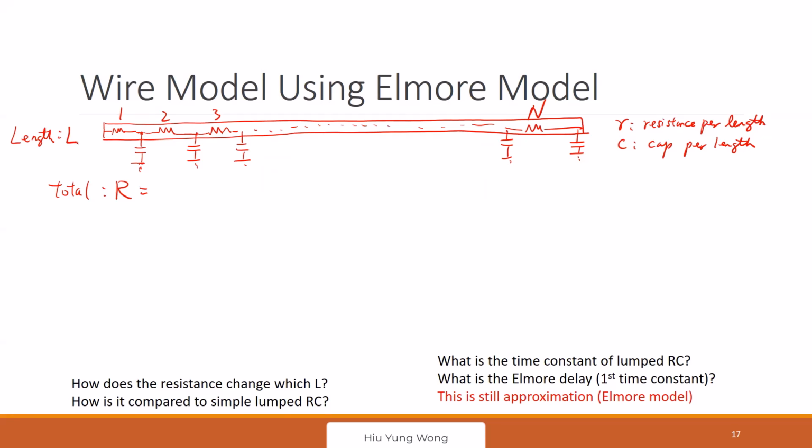So what is the total resistance here? Each unit length is r, so the total resistance, of course, is r times L, correct?